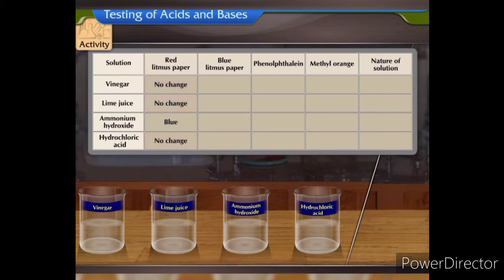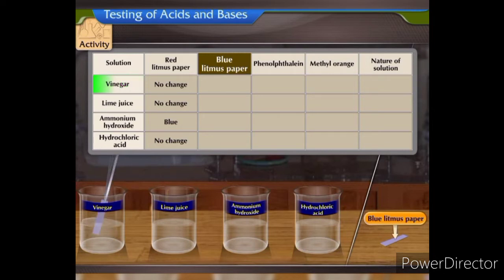Now, test each solution with blue litmus paper. Which of the solutions show a color change? Well, vinegar, lime juice and hydrochloric acid change the color of blue litmus paper to red. However, in ammonium hydroxide solution, there is no change in color.